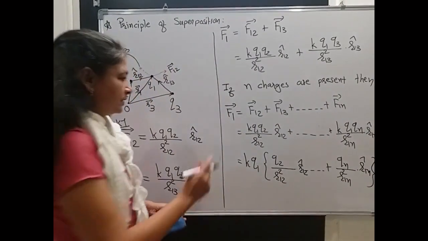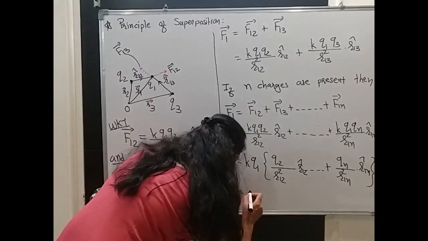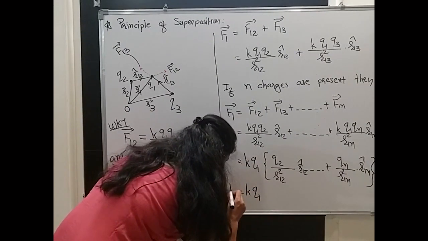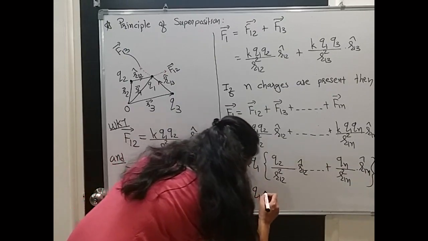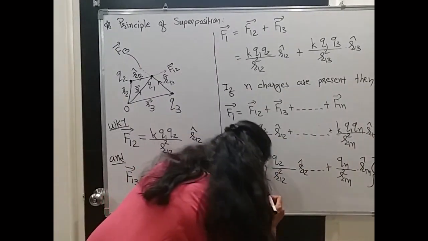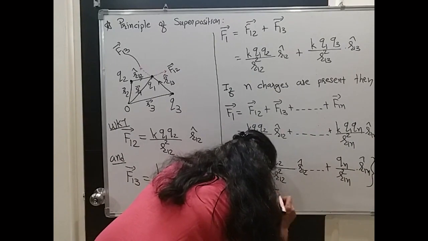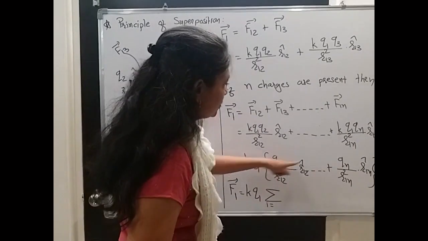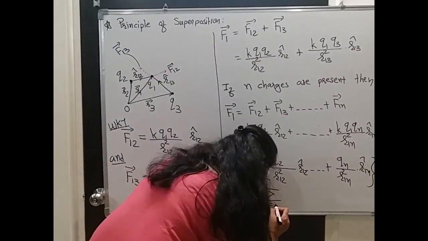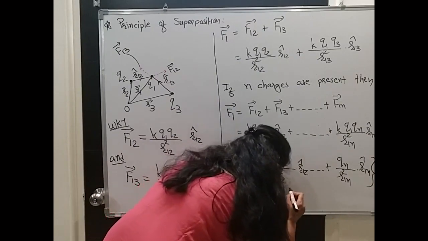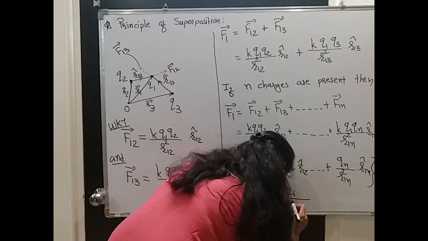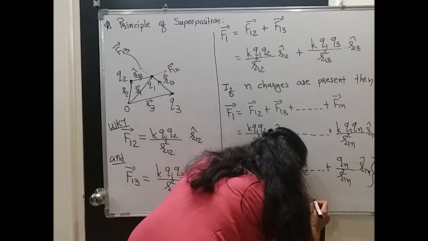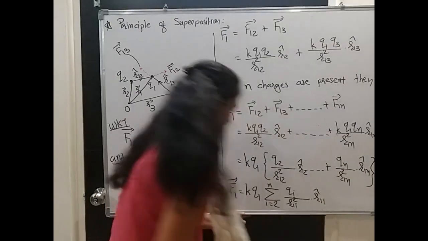Now in terms of sigma, I can write the force on 1 as KQ1 times this bracket, which can be written as summation over i equal to 2 to n of Qi upon R1i square into unit vector R1i.